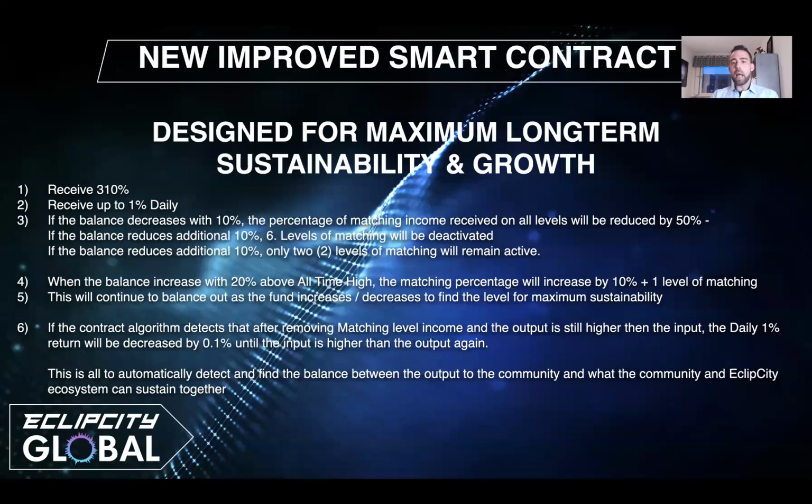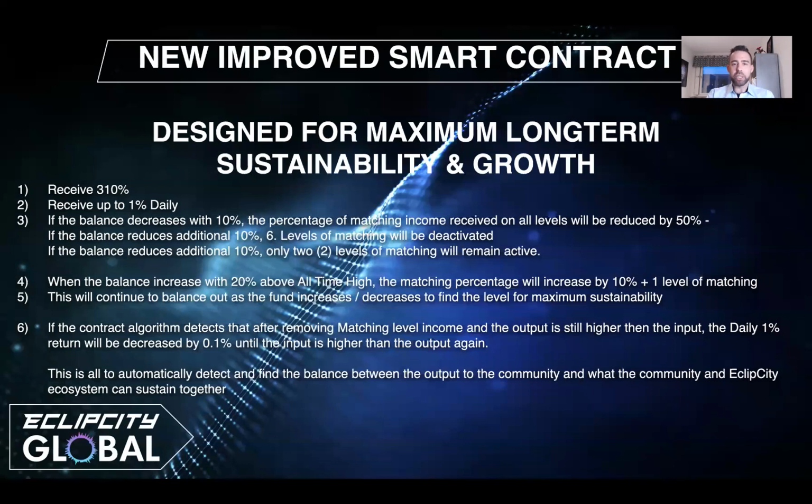Because this is designed to find the balance of what this community and EclipCity ecosystem can do together to sustain this global community fund. If the matching output is too high, the contract will detect it and the contract will remove it, because it's all about sustainability. The main thing here is the up to 1% daily return.